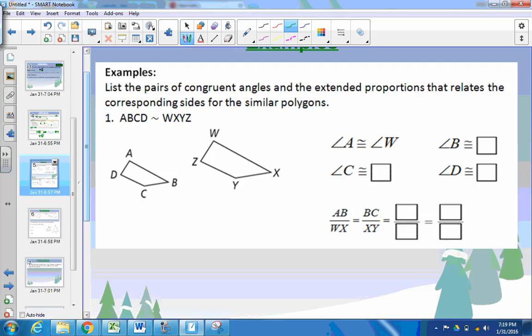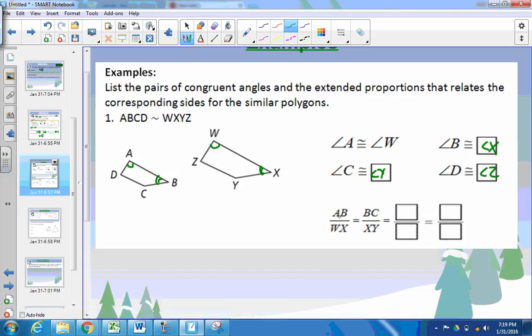So angle A has to be congruent to angle W. Angle B would have to be congruent to angle X. Now sometimes they're not always going to be in the same direction, so you might have to look at the letters that correspond. We know that angle B has to go with angle X. We know right here angle C would have to go to angle Y. And we know that angle D would have to go with angle Z.